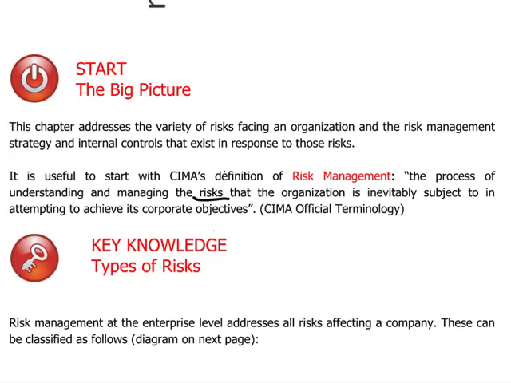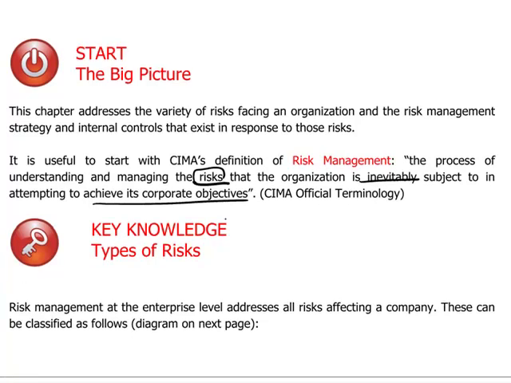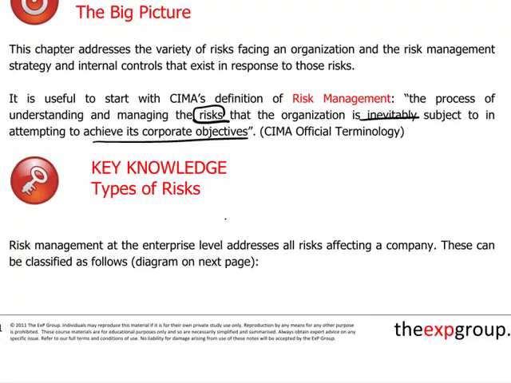In other words, if we look at risks as not simply downside or bad things happening to the company, but a necessary part of achieving profits, that they open the door to opportunities on the upside, then I think we capture this idea that the risks an organization is exposed to are kind of inevitable given the fact that the organization is trying to achieve an objective. That's really quite an important and profound idea in our understanding of risk.